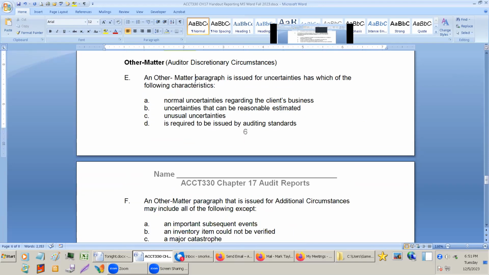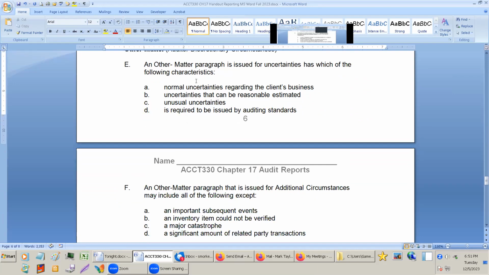Okay, other matter paragraph issued for uncertainties which have the following characteristics.